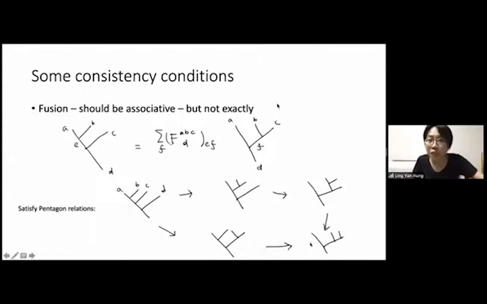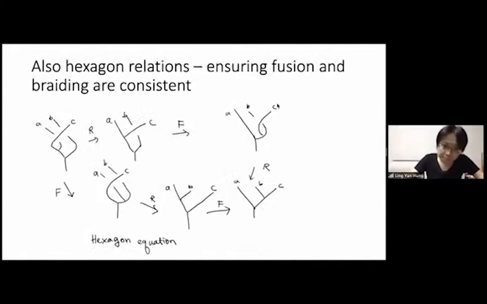So this is the so-called Pentagon relation. This is one consistency condition that you put onto your tensor category, but really it's some very fundamental consistency condition that you have to include in a theory that describes fusion, that is associative.